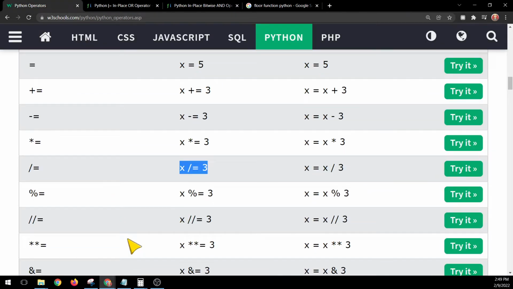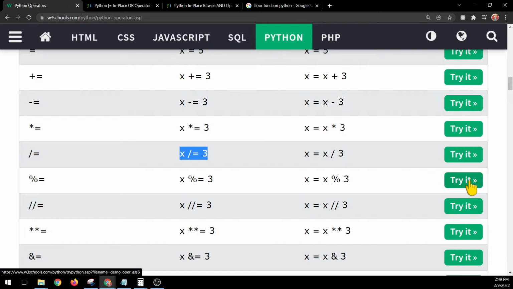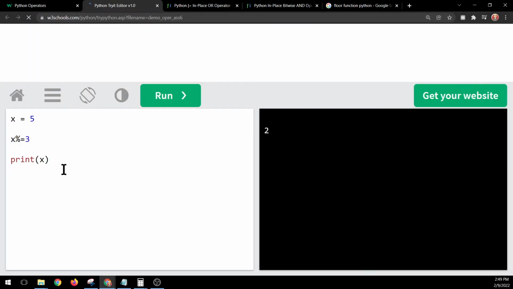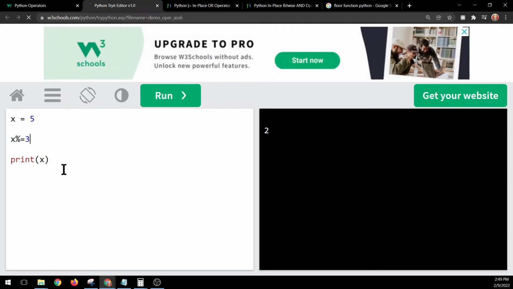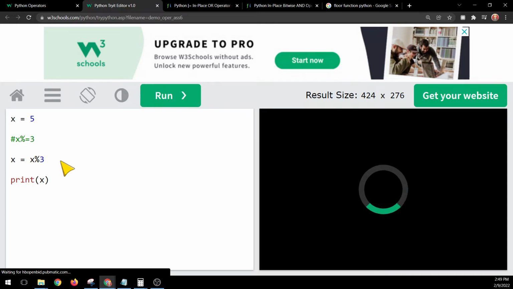Let's try the next one. Mod equals. x is equal to 5. x mod equals 3 would be the same as x equals x mod 3. If we run it, the result is 2.